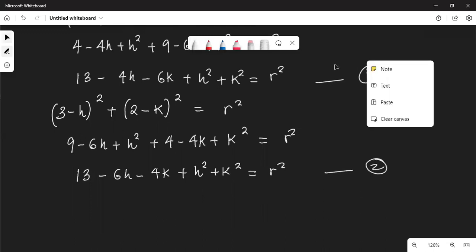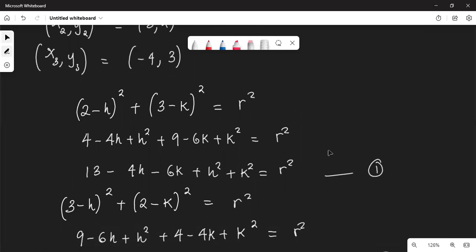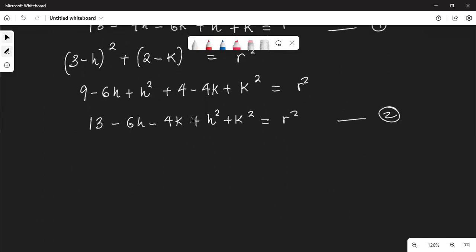For the last equation, we're going to use (-4, 3). So our x is negative 4, our y is 3. The same procedure: (negative 4 minus h) squared plus (3 minus k) squared equals r squared.